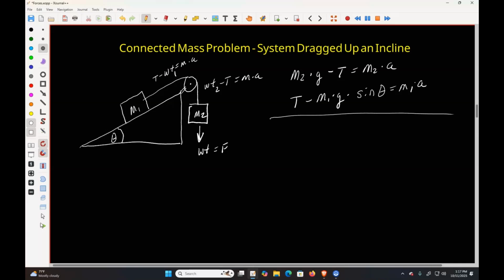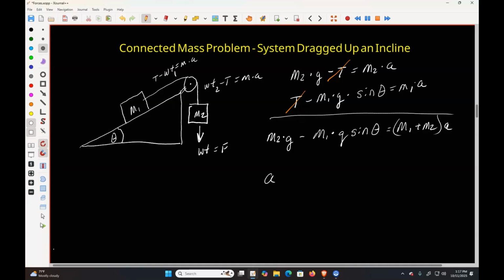Again, if we add these together, the plus T and the minus T cancel. So we'll have mass 2 times gravity minus mass 1 times gravity sine theta equals mass 1 plus mass 2 times acceleration.